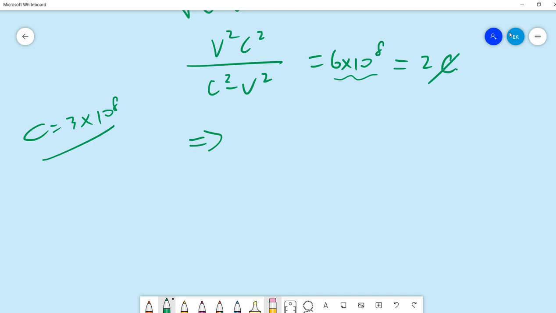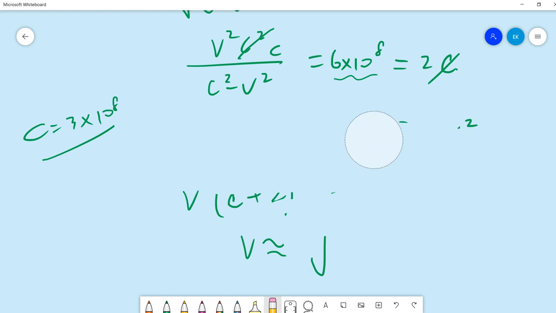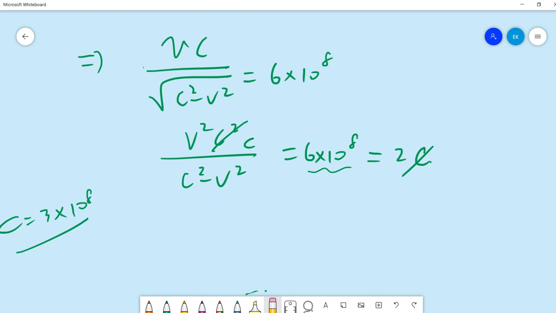So we got v squared c equals 2c squared minus 2v squared, and v squared c plus 2 equals 2c squared. So v squared just equals to 2, vc times square root, basically square root of c squared minus v squared.